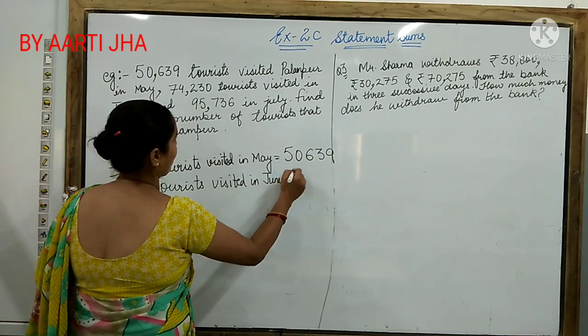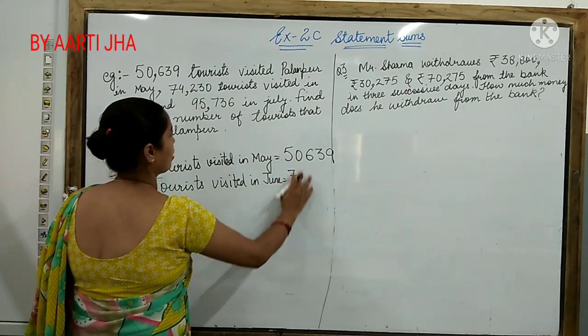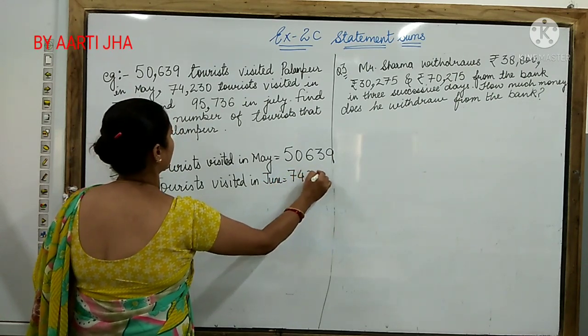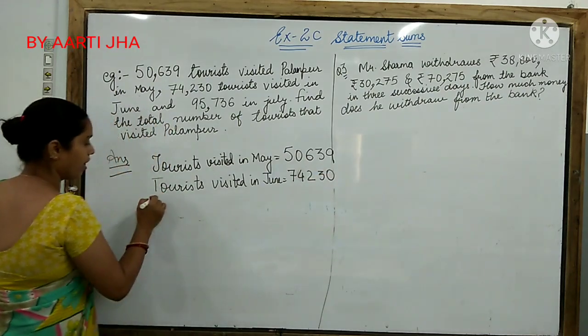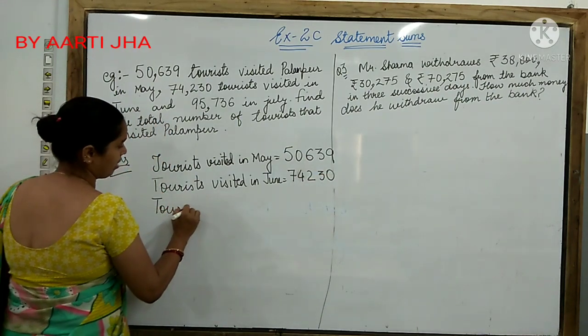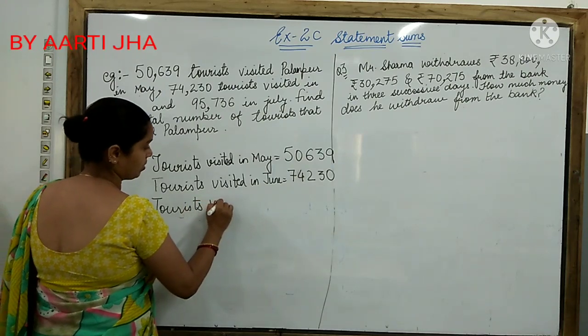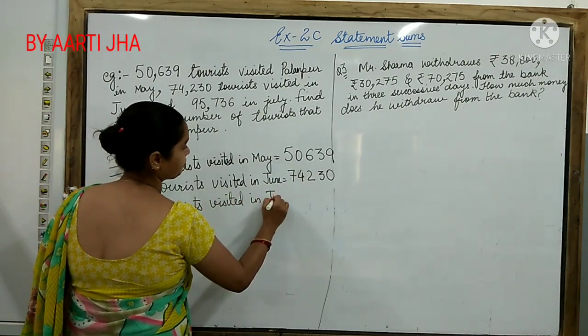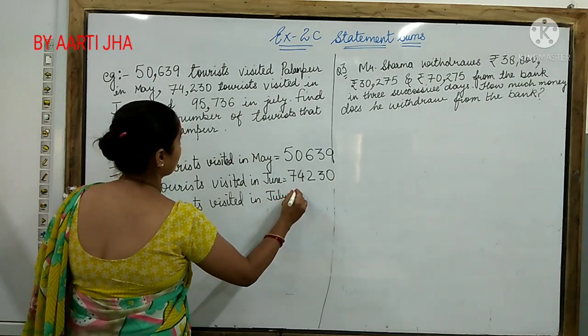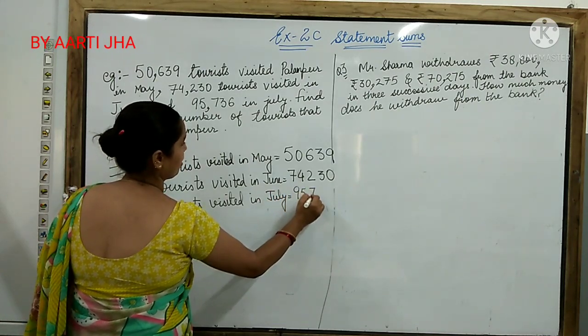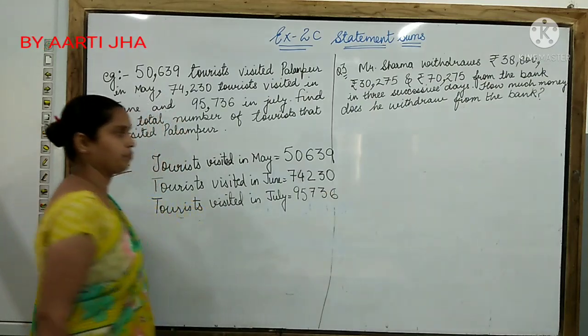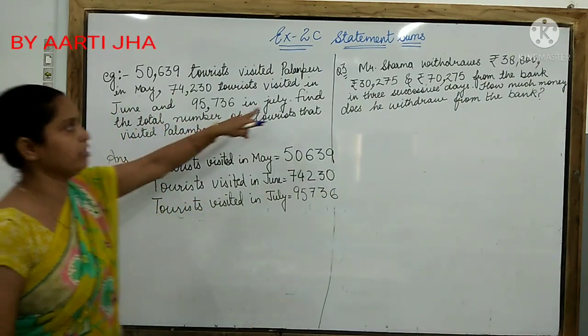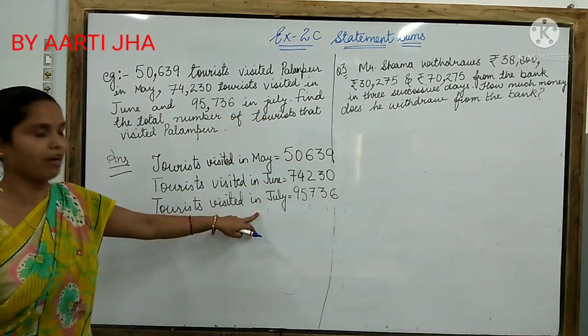We will first write that 74,230. And then the last statement says tourists visited in July. How many? 95,736. So I have read till the full stop, and whatever I have understood I have written in the statement.